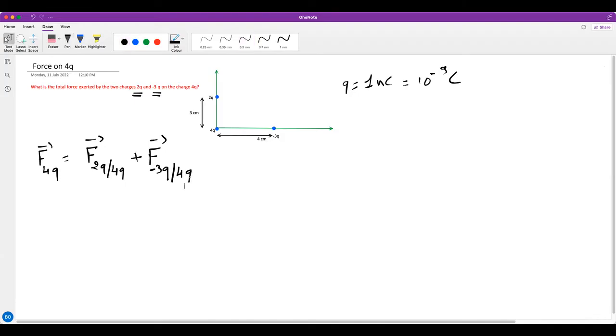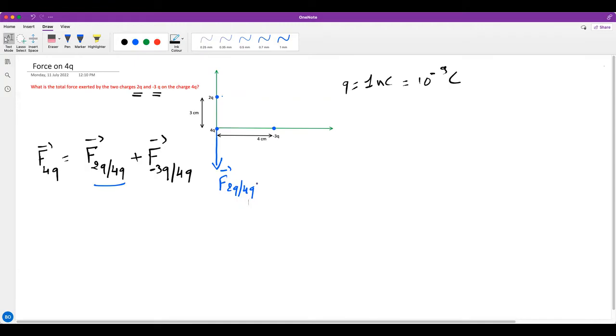Let's start with the first one. The force exerted by charge 2q on 4q is the force between this charge and this one. Because both charges are positive, they will repel each other, so this is the force on 4q.